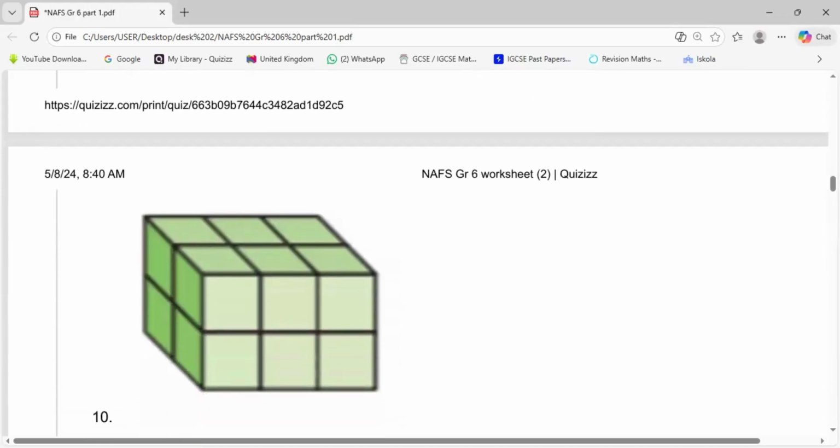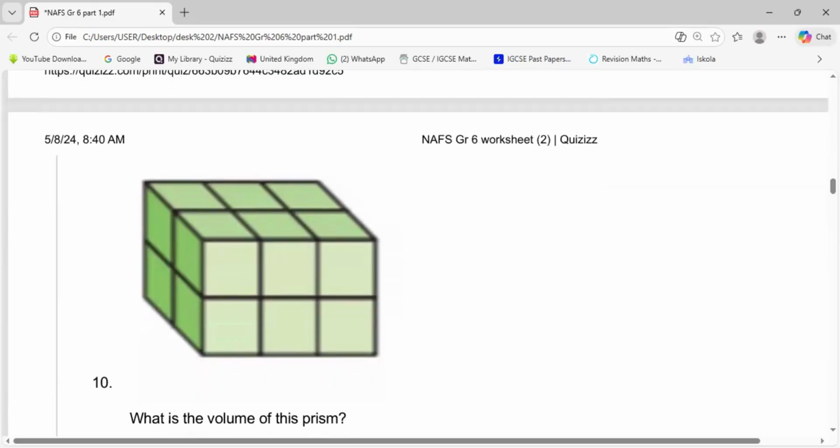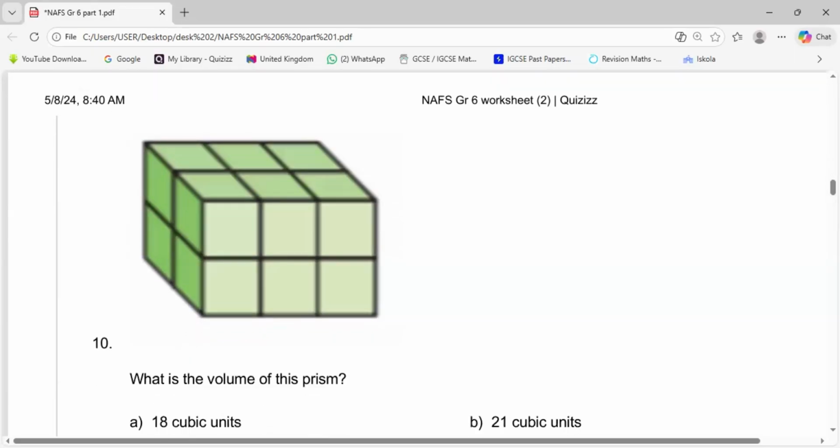Here is, what is the volume of the prism? Here is the length, here is the width, and here is the height. Count, here is 3. And if you count the cubes, 1, 2, equals 2. And the height, how many cubes? 1, 2 equals 2. Length equals 3, width 2, height 2.